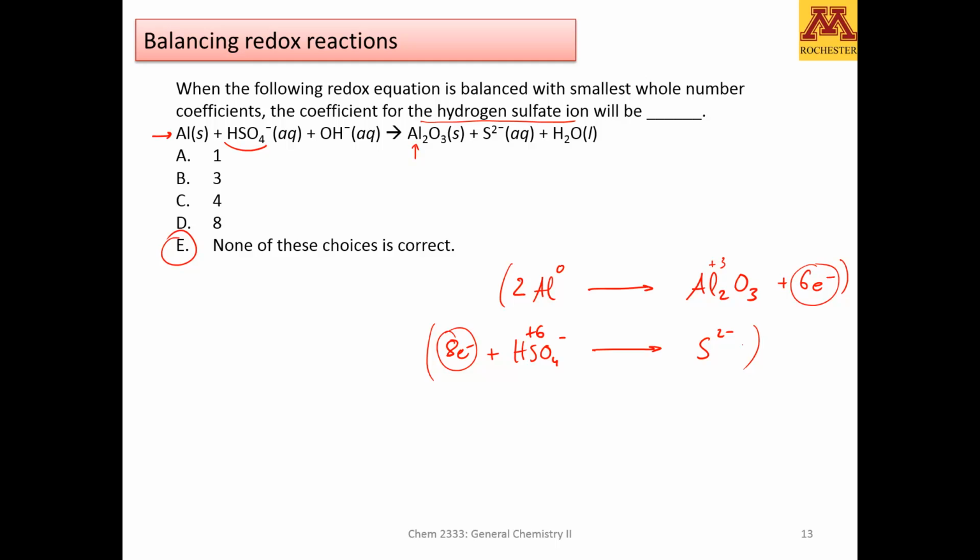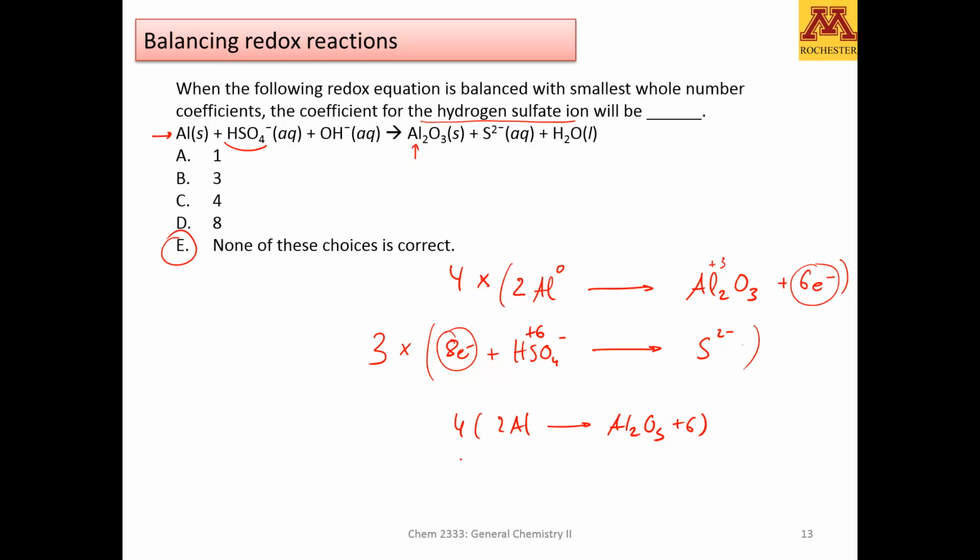Hopefully that makes some sense. So let me see, it should be 48, right? Or 24. 24 is the least common denominator. So if you multiply this one by 4 and you multiply this one by 3, you will have 4 times 2, plus 6, right?